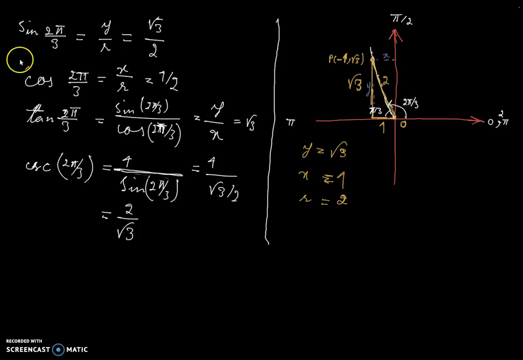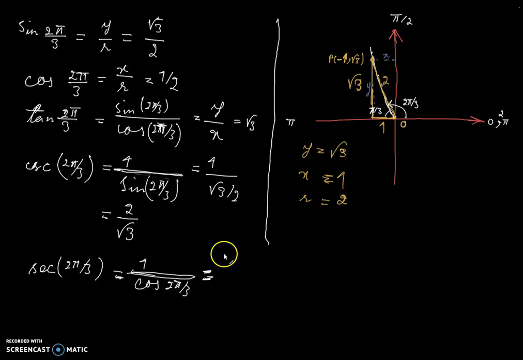The reciprocal of cos 2 pi by 3 would be secant 2 pi by 3. So secant 2 pi by 3 would be equal to 1 divided by cos 2 pi by 3, which is equal to 1 over 1 by 2, which is 2.